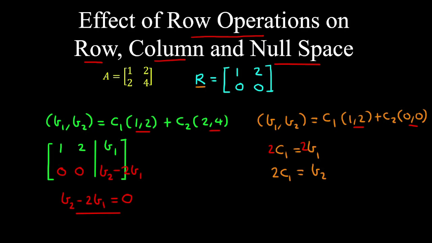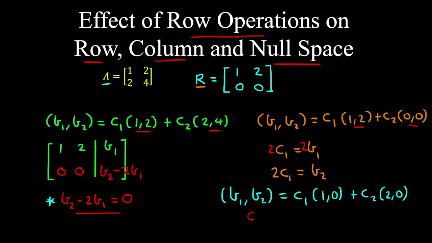Now if we try this with the column vectors, so we have 1, 2, and 2, 4 being the column vectors of A, you're going to get the same condition. And now using the column vectors of the reduced matrix, we have some vector with components B1, B2 equal to a scalar by the column vector 1, 0 plus another scalar by the column vector 2, 0.